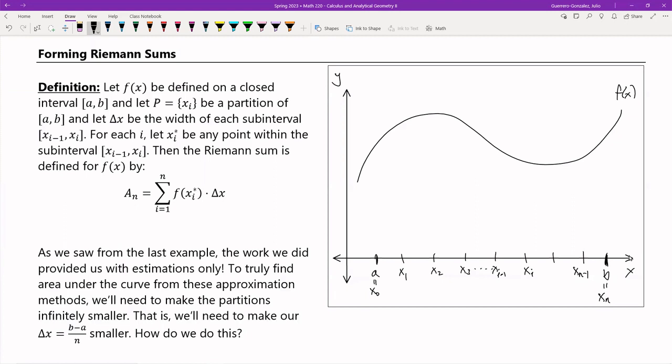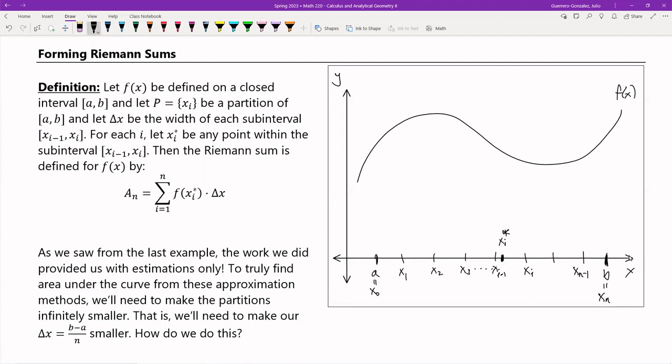So what does that mean? I'm purposely picking a random point that's not the middle, and this is going to be our x of i star. That value is what's going to dictate our height.